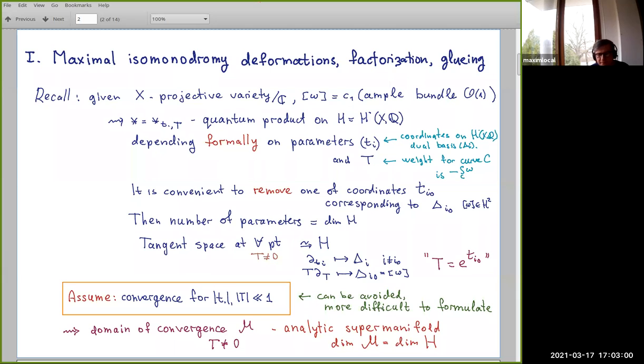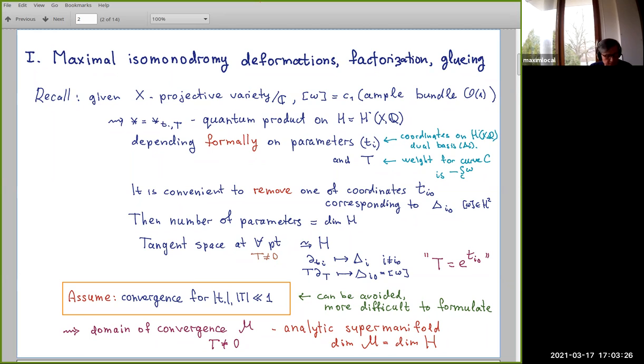Namely, there are tangent vectors corresponding to coordinates which are not i0, and they correspond to this dual basis delta_i. And for the variable t, I consider the logarithmic vector field T d/dT as a tangent vector, and this corresponds to this delta_{i0}. So in a sense, this capital T is the exponent of small t with index i0.